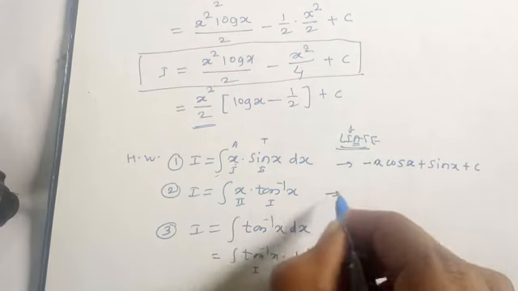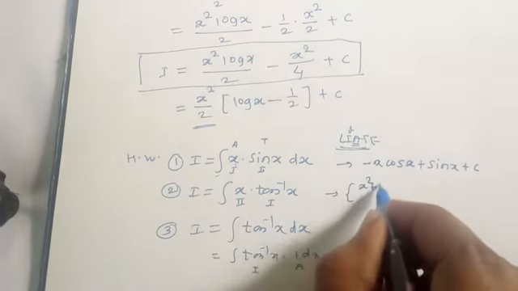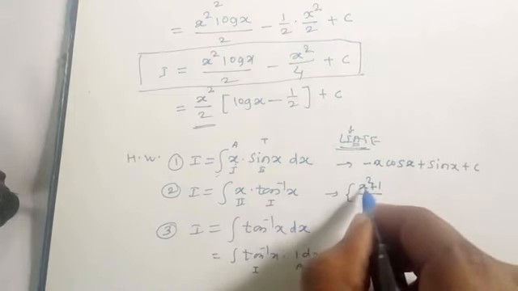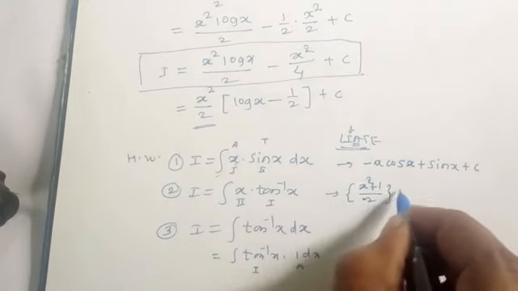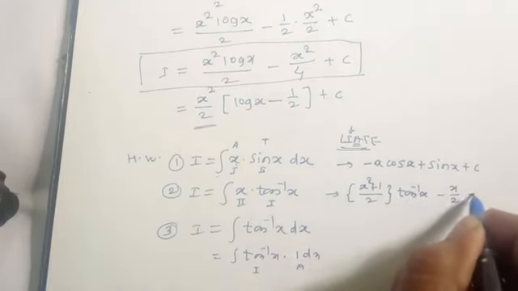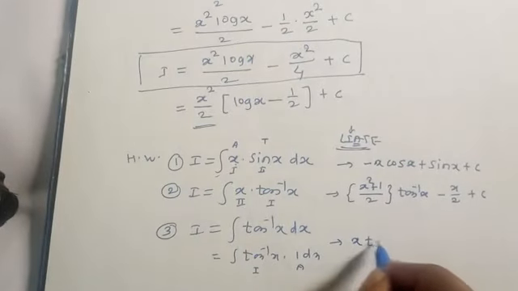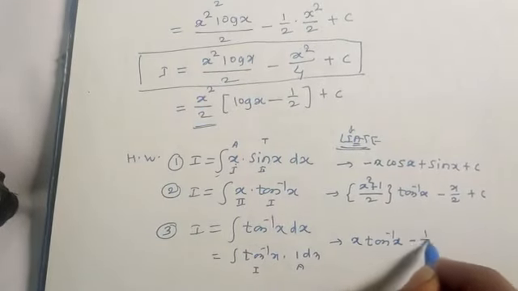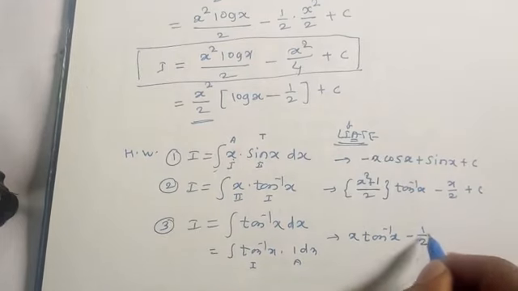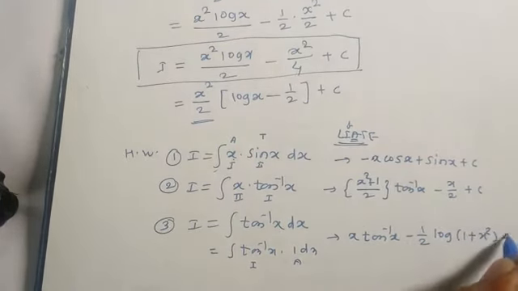The answer for the second homework problem is x square upon 2 into tan inverse x, plus 1 by 2 into tan inverse x, minus x by 2, plus c, and the answer for the last example is x into tan inverse x minus 1 by 2 into log of (1 plus x square) plus c.